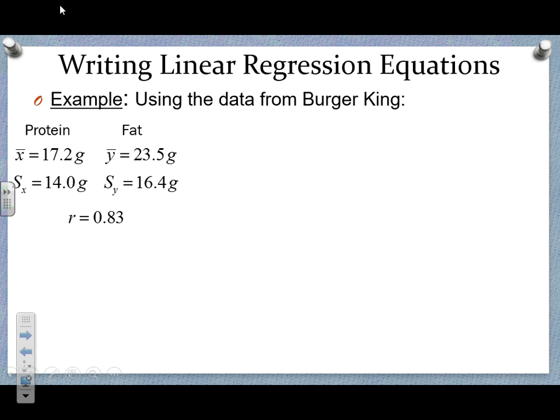What would be the steps in my calculator? All right. To get x bar, y bar, sx, and sy, I would put my data into my lists. Explanatory in list 1, response in list 2. Okay? So I'd put those into my lists first.